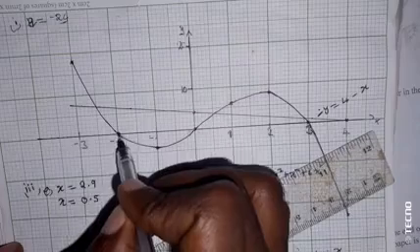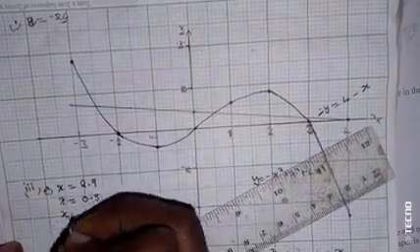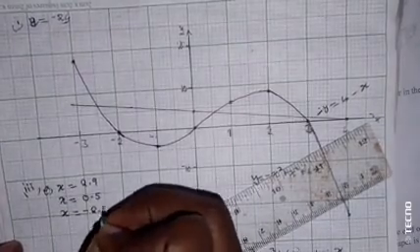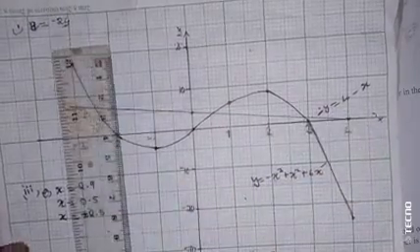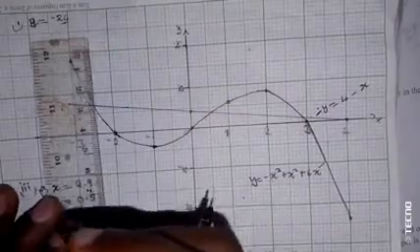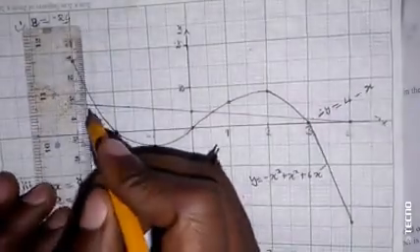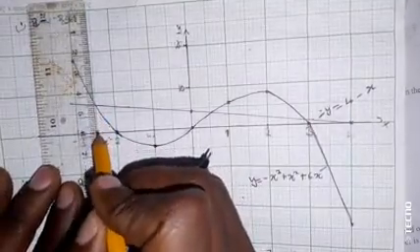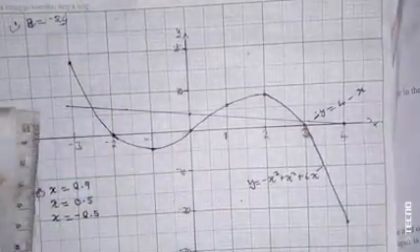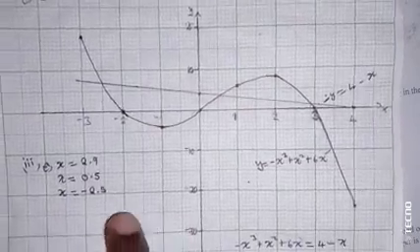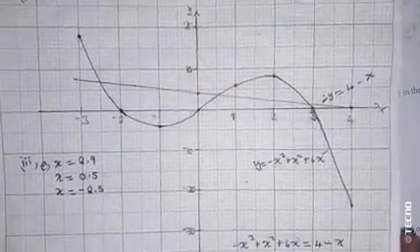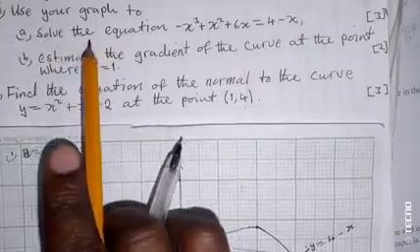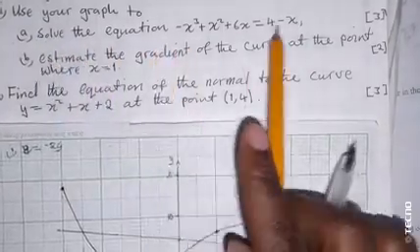Yes, x is equal to negative 2.5. This is where we can find that answer. So having this, we've answered this equation, the one that they said solve using the graph.